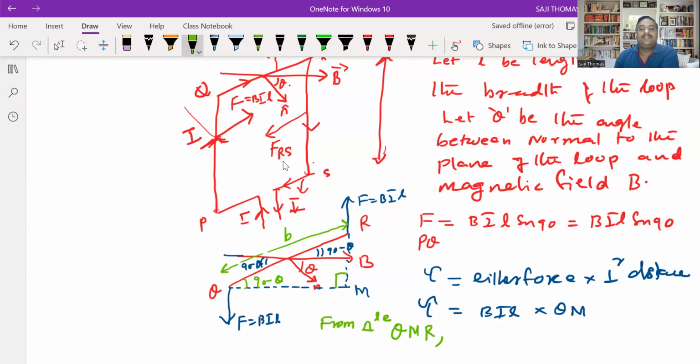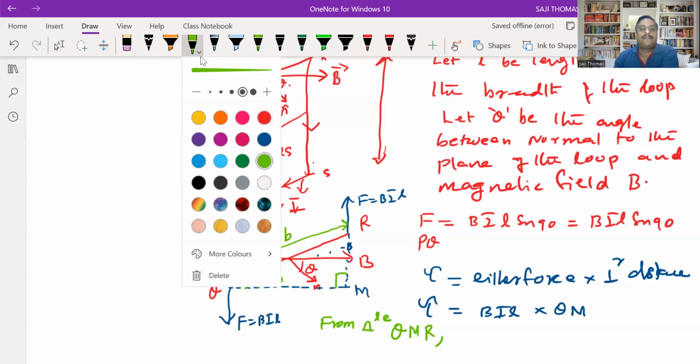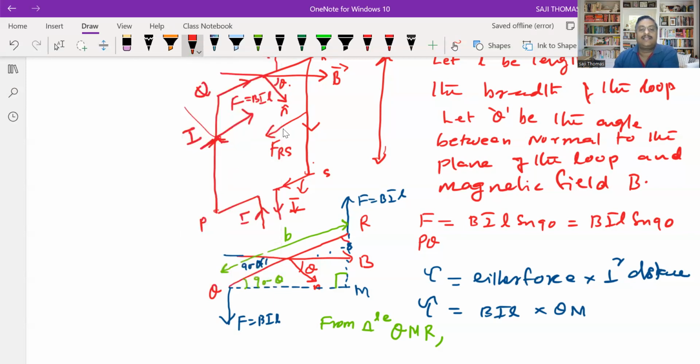So this angle will be theta. When you consider this angle, the top angle, I will use a different color, red color, say. This angle will be theta. This angle was already, you know, 90 minus theta.